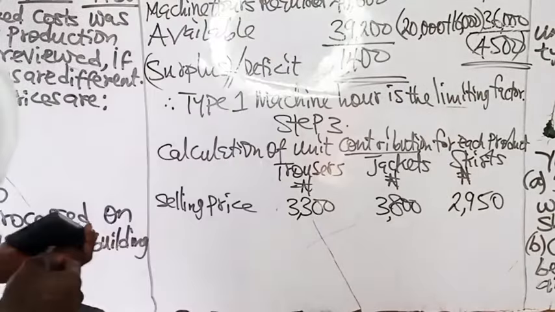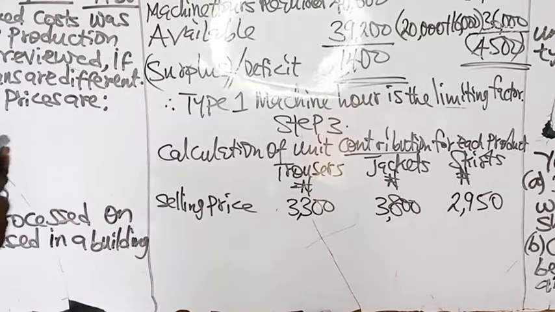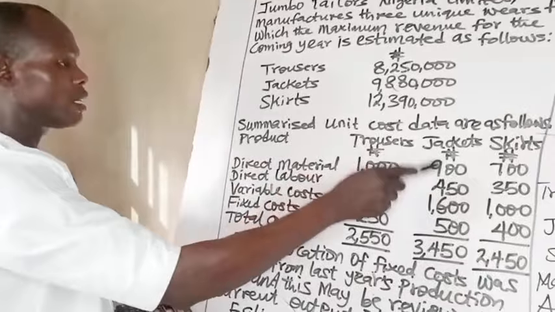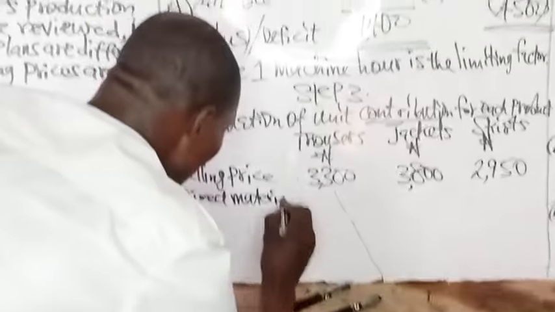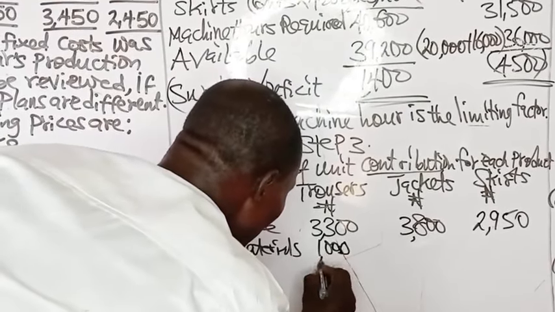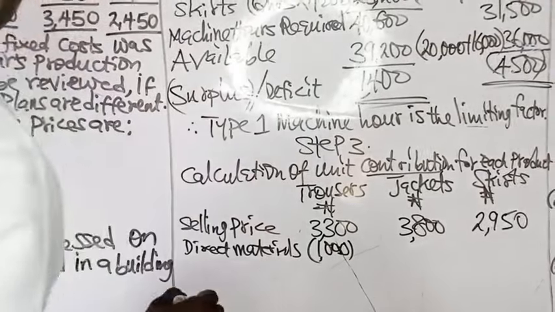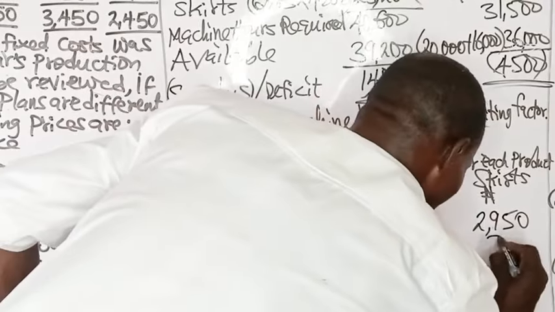Then from this selling price, you less unit variable cost. And what are the unit variable costs? It includes direct materials: trouser 1,900, jackets 900, and 700 for skirts.